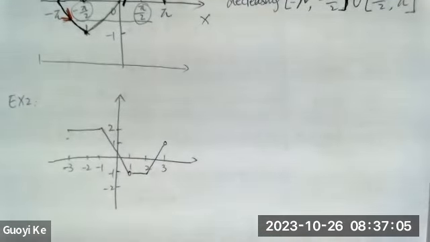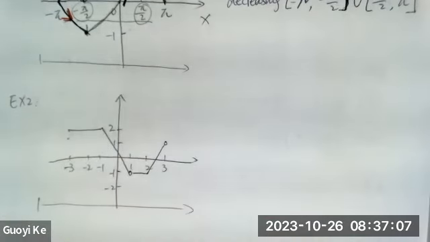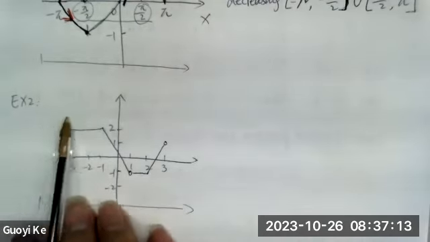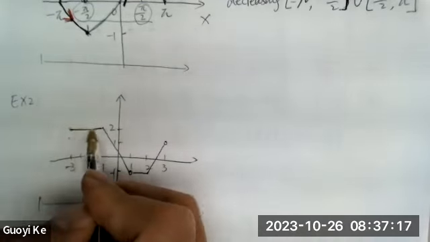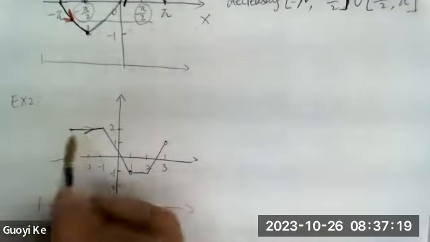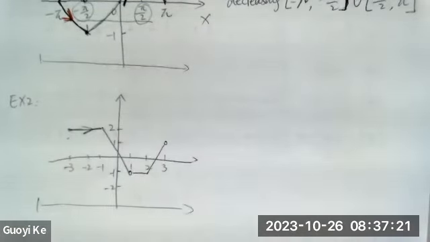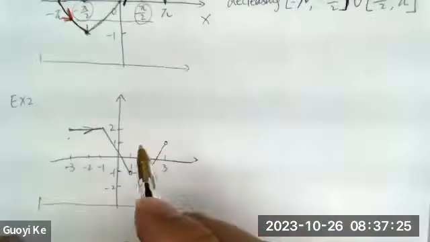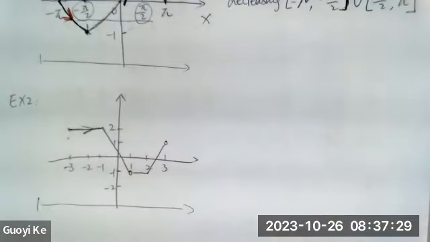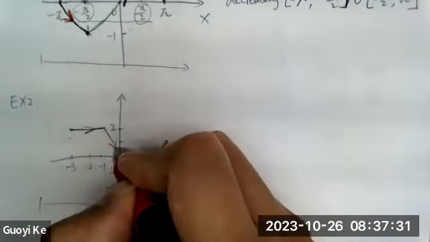Example 2. From left to right, mark down the arrows. So here we found that the curve is horizontal. And from here to here is down, so I'm going to use red color.